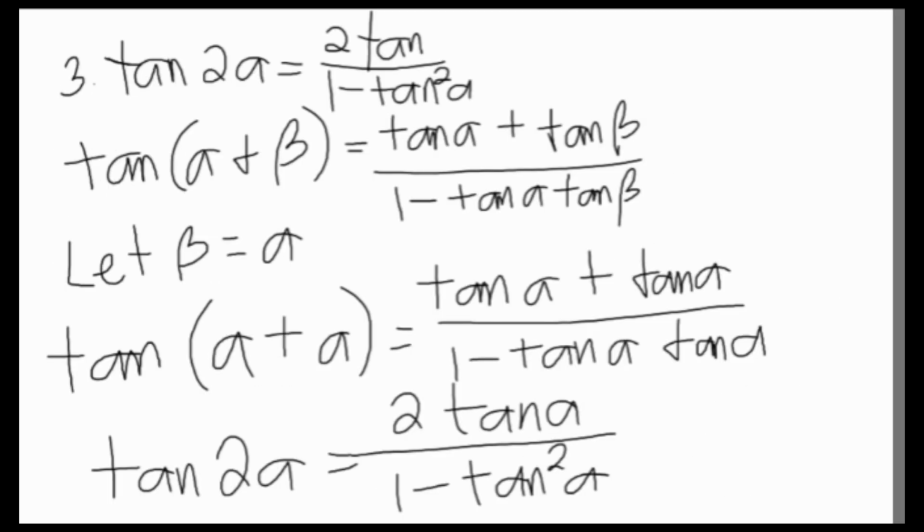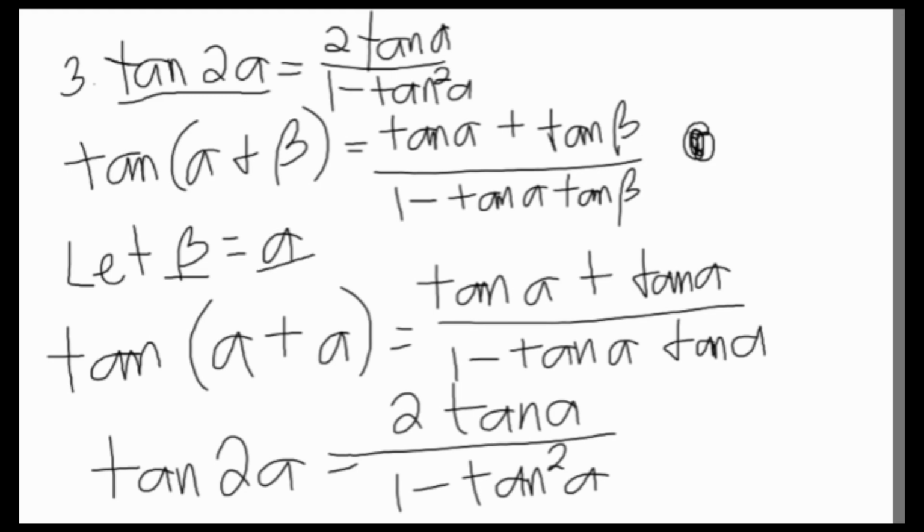So we are here now for the last double angle formula for trigonometry. This is the tangent of 2a is equal to 2 tangent of a over 1 minus tangent squared of a. This also came from the sum of two angles for the tangent, which is this. First, like for the sine and cosine, we replace all betas by alpha.